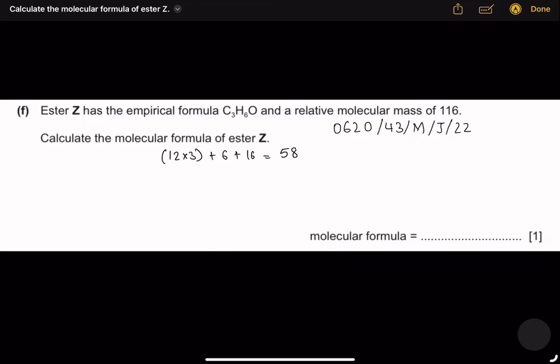So 116 divided by 58 is equal to 2. So we'll multiply the empirical formula by 2. That will be C6H12O2. So that's our molecular formula.